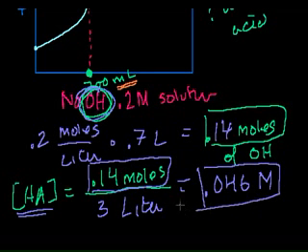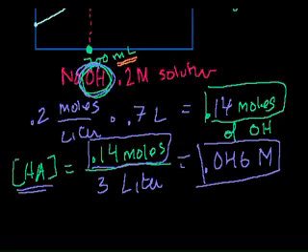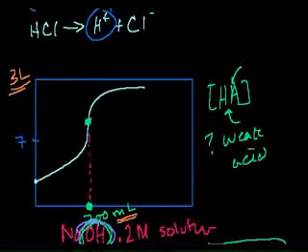Fair enough. Now, the other question is, what is the Ka or the pKa of our mystery acid? Well, we just go to the half equivalence point. What was the pH of our solution when we had only added 350 milliliters of our strong base?